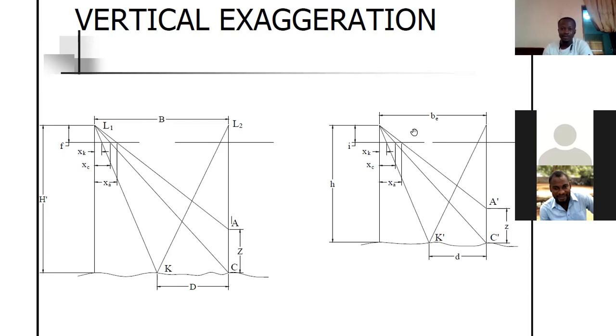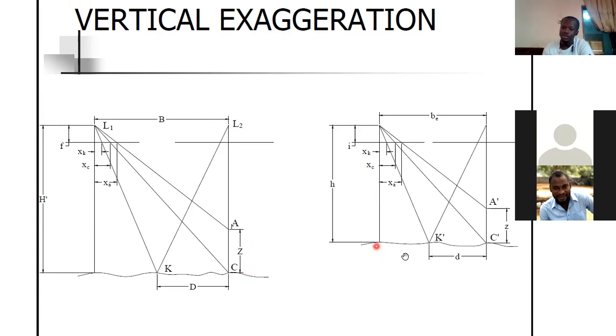Let me get my pointer. Air base, eye base, different, but there's something that's common on the photograph. We can have SK, XC, XA. They seem to be similar, in a way. You look at Z over here, which is the height of the point above datum.